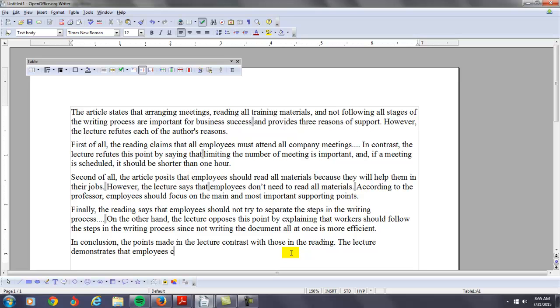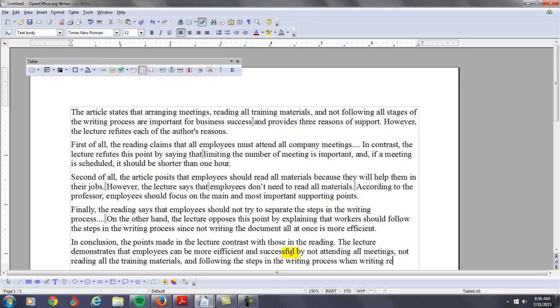You might want to say the employees can be more efficient and successful by not attending all meetings, not reading all the training materials and steps in the writing process when writing reports.